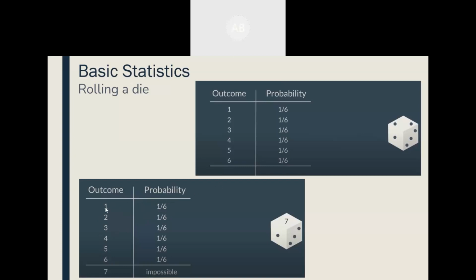And remember that 1 to 6, these are discrete numbers. In this case we call it discrete random variables. Why are these discrete? Because you cannot expect 1.25 or 3.14 or 5.67. You have only these 6 numbers.